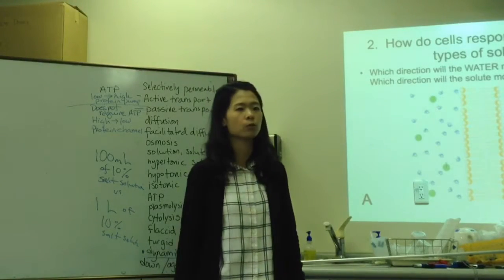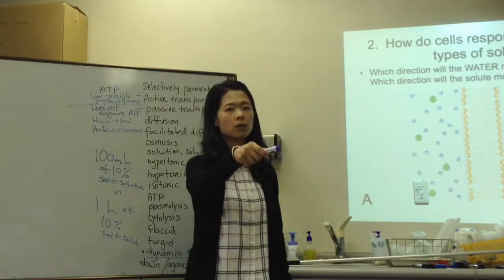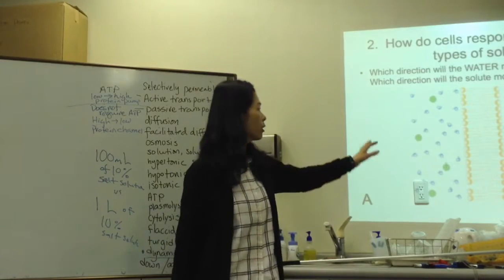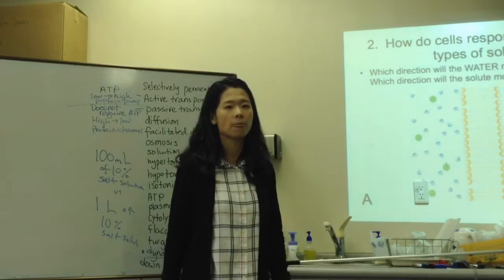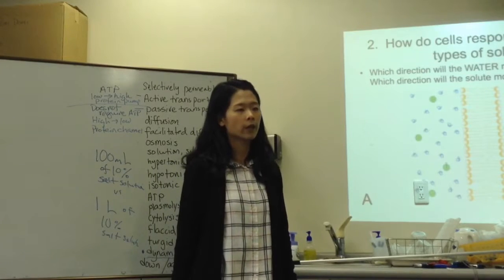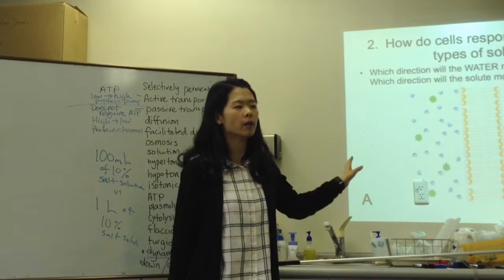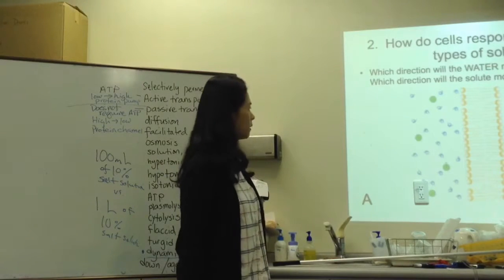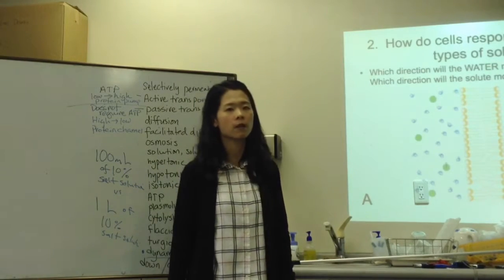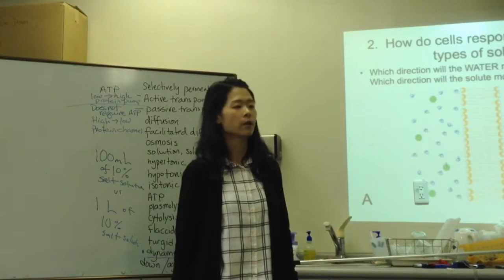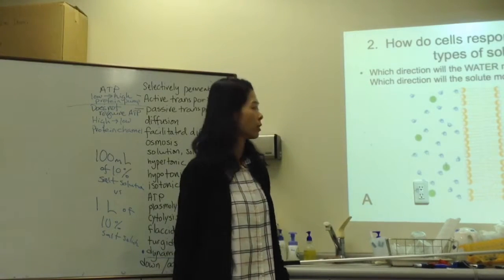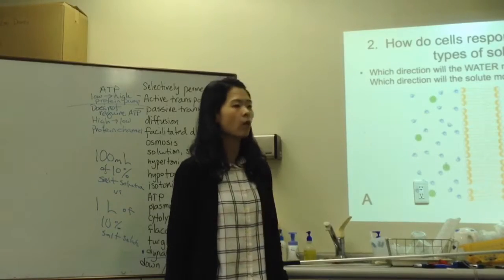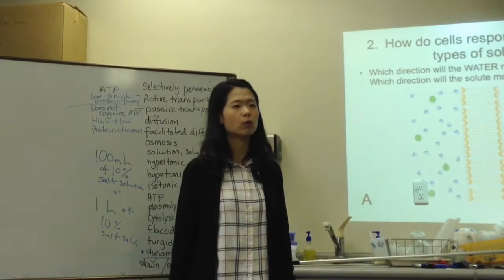If it's permeable to both things, both will move across and eventually reach equilibrium. Green dots will move from side B to A, while water moves from side A to B. Over time, the concentration will be equal.